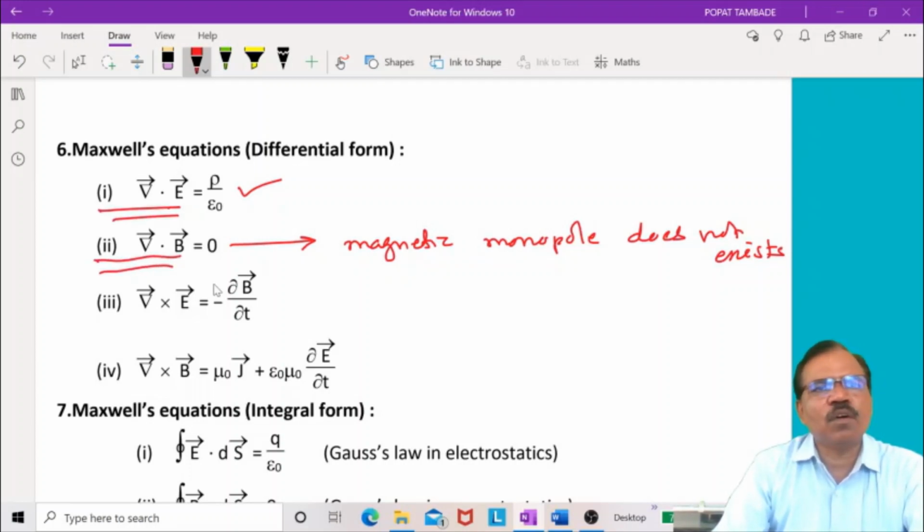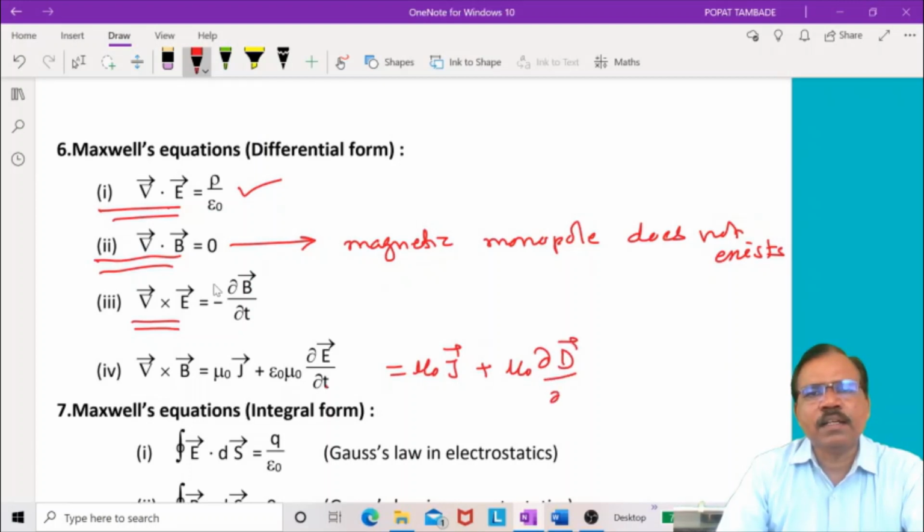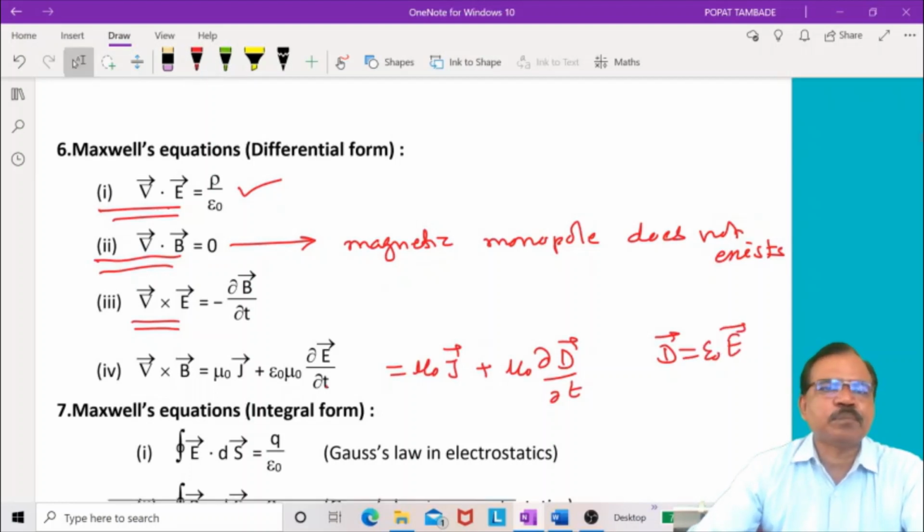The first is obtained from Gauss law in electrostatics. Now del cross E is equal to minus ∂B/∂t. This is obtained from Faraday's law, and del cross B is equal to mu 0 J plus epsilon 0 mu 0 ∂E/∂t. We can also write this as mu 0 J plus mu 0 ∂D/∂t, where D is called electric displacement and this is epsilon 0 into E in free space.